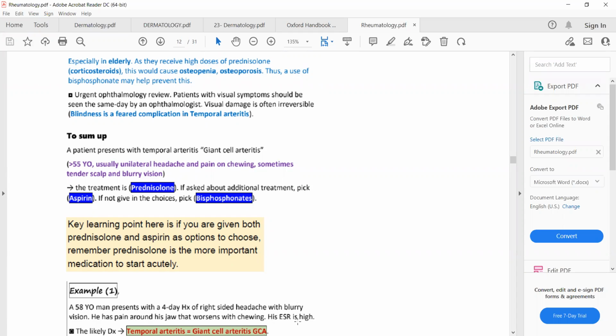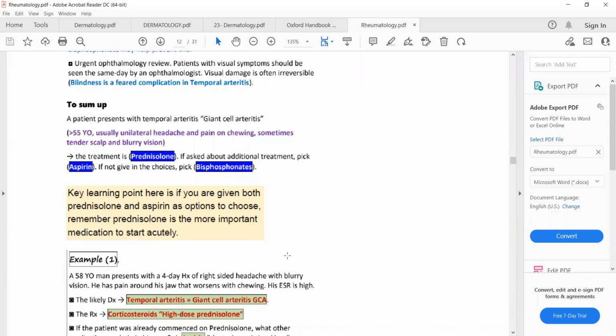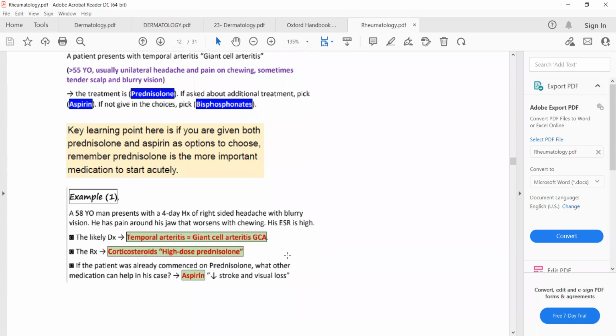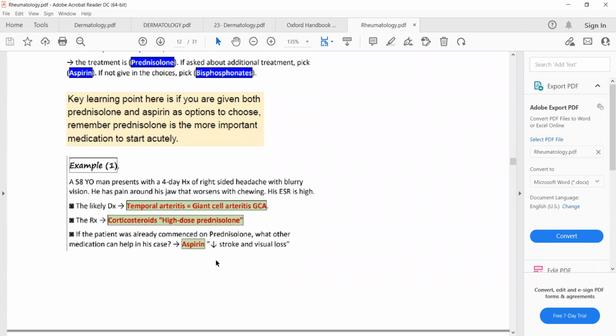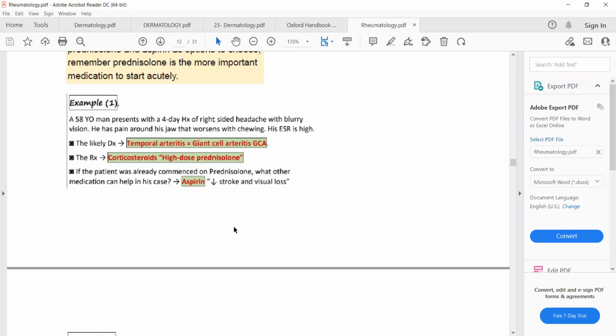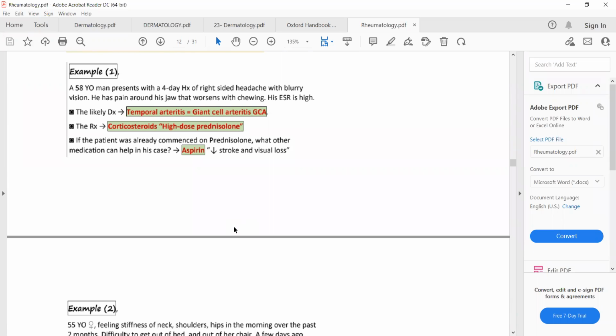His ESR is high. All the features are pointing toward temporal arteritis or giant cell arteritis. The treatment is high dose prednisolone, and he was already commenced on prednisolone. The other medication that can help in this case is aspirin to decrease the risk of stroke and visual loss.